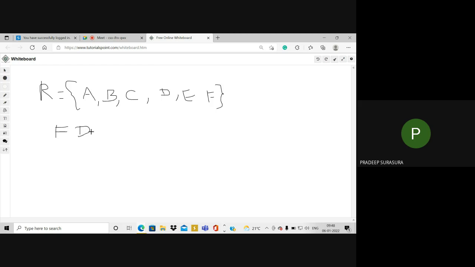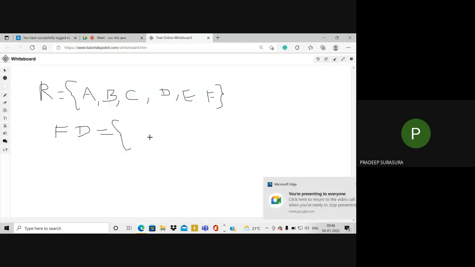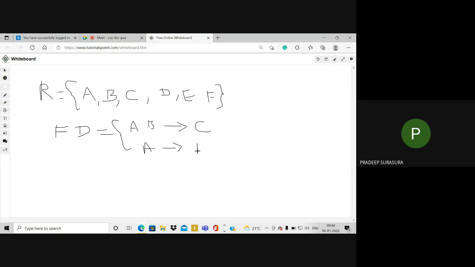I have the FD like this: AB determines C, A determines D, B determines E, and D determines F. If these are the functional dependencies, then by observing them, we try to find the key.